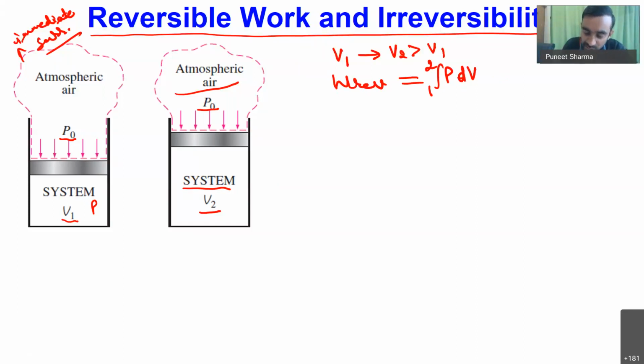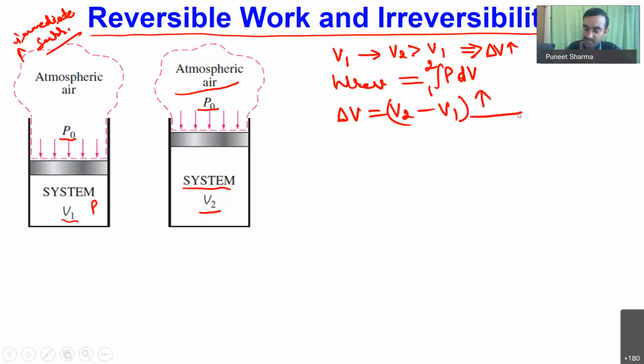But you can see while my volume is changing from V1 to V2, where V2 is greater than V1, let us consider that delta V is the increase in volume. So delta V is equal to V2 minus V1, and this is the amount by which the volume of the system has increased.